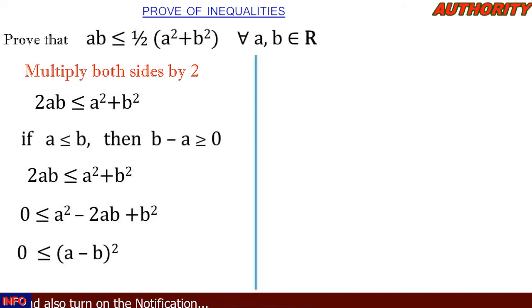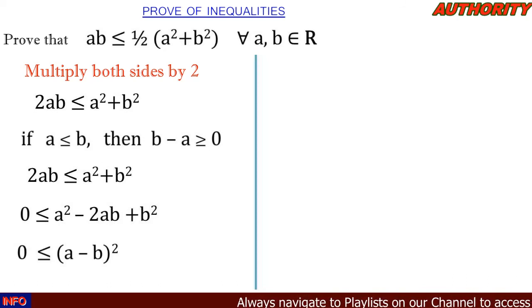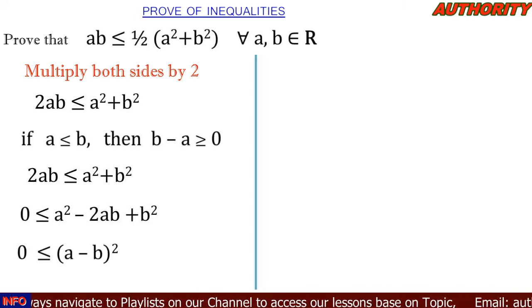When you open it, we have a minus b in bracket times a minus b in bracket, which gives exactly a squared minus 2ab plus b squared.